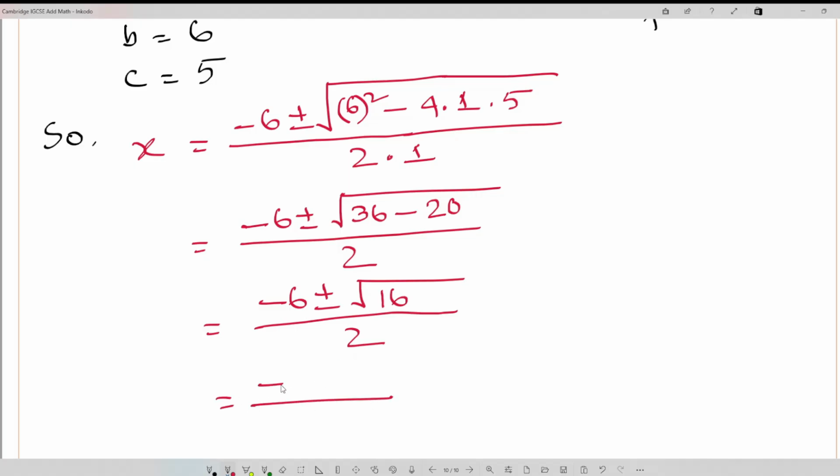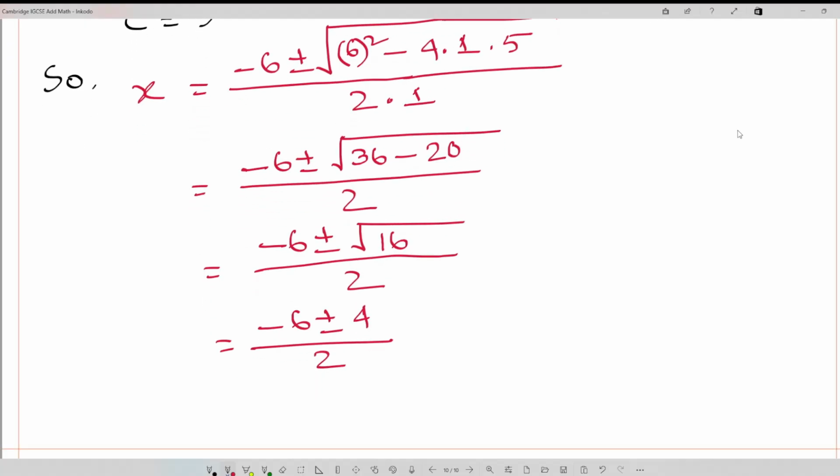So here is minus 6 plus or minus root 16 means 4, divided by 2. Okay, so we can take common 2, so minus 3 plus or minus, 4 divided by 2 is 2, divided by 2, so we can cut this one. Our answer here is minus 3 plus or minus 2, right?